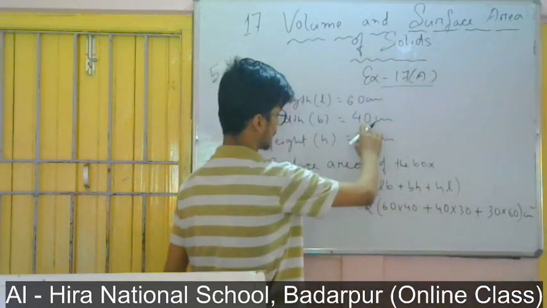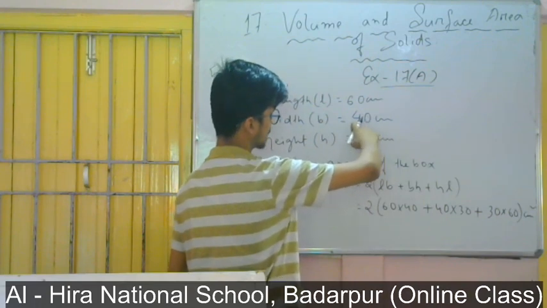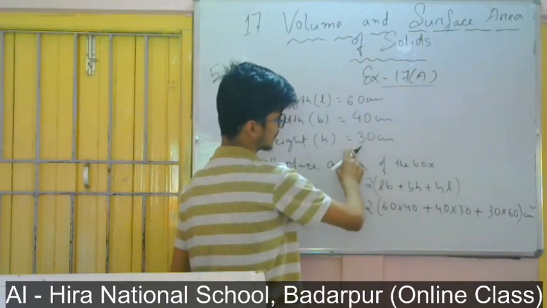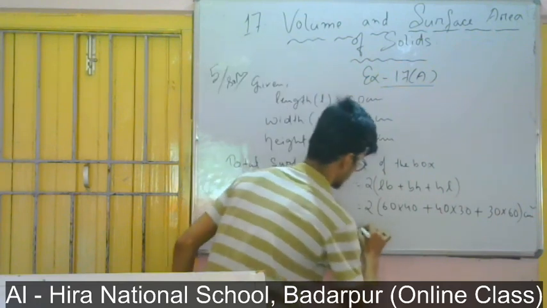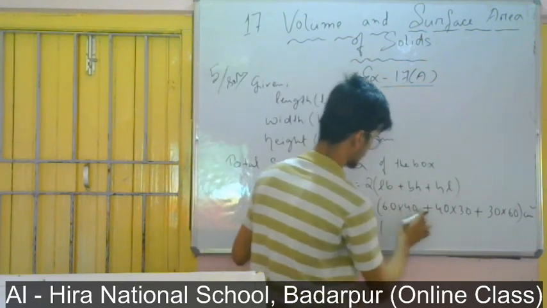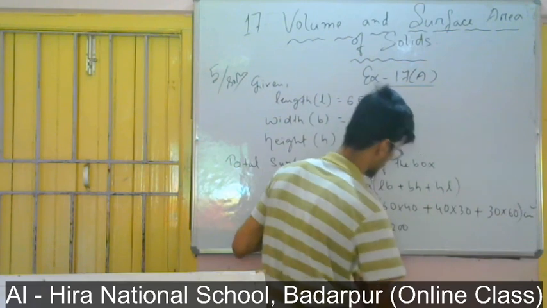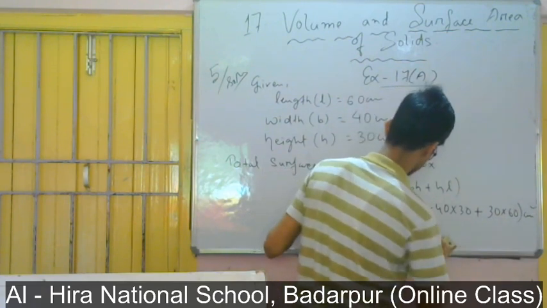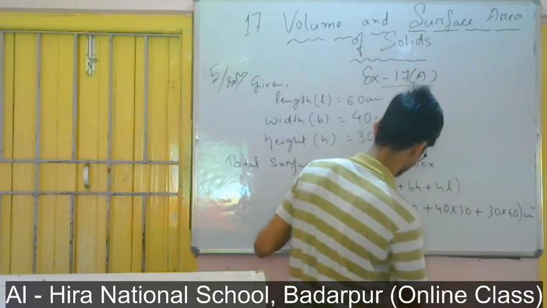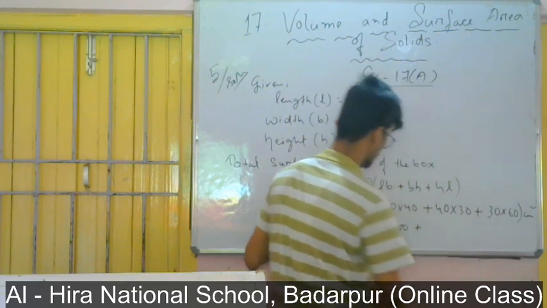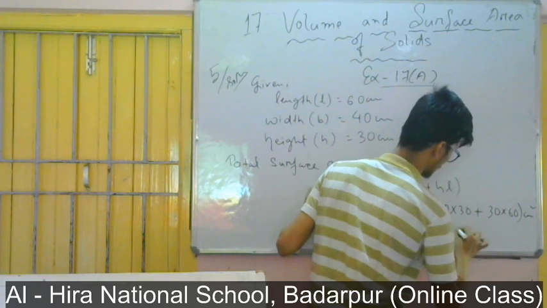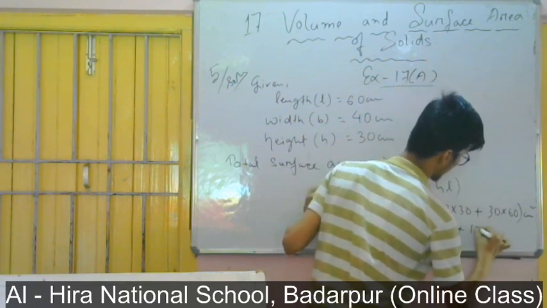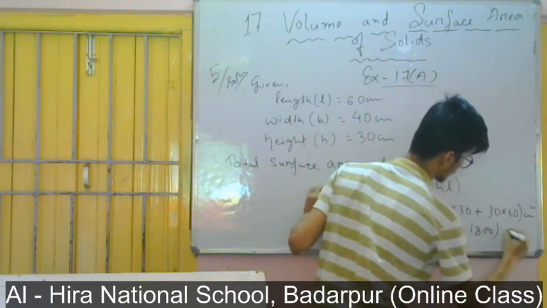Length 60, breadth 40, so 60 into 40, then breadth into height 40 into 30, then height into length 30 into 60. 6 4s are 24, then 4 3s are 12 plus 6 3s are 18 and 00.